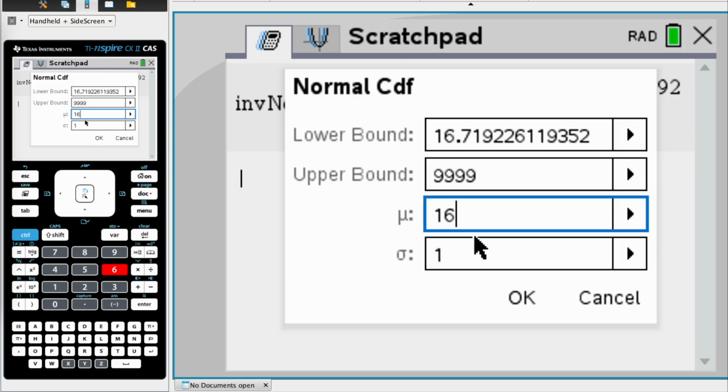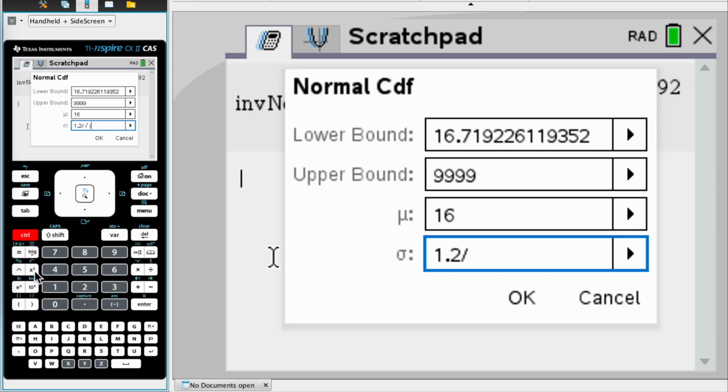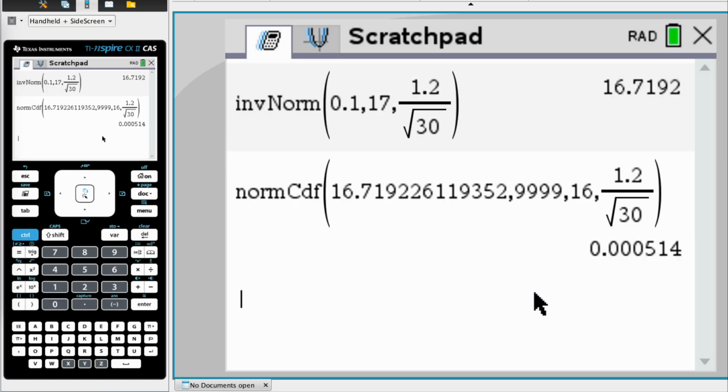So 16 centimeters. And we're still assuming that this tulip brand is following the same standard deviation. So we'll enter 1.2 divided by the square root of your sample size, the 30 tulips you planted. And there is the probability of a type 2 error.